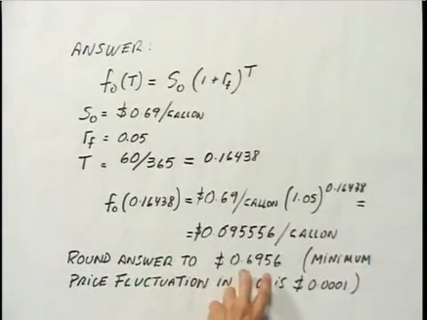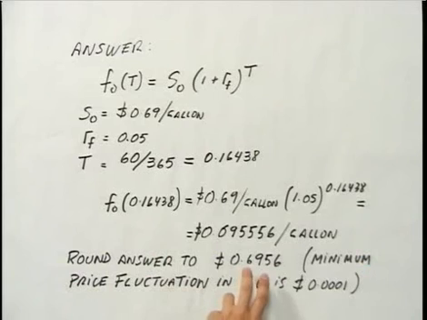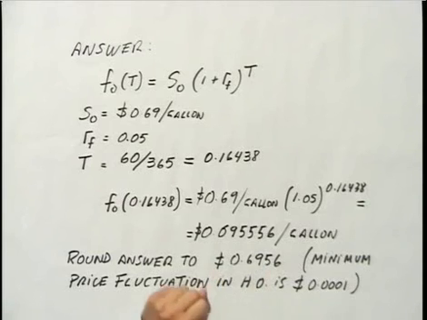So we have to round this price to the real world price that you would find in the market. And that is, you would round it to 4 decimal places, and the correct or rounded answer to this problem would be 69.56 cents for the theoretical price of a heating oil futures contract that expires in 60 days.